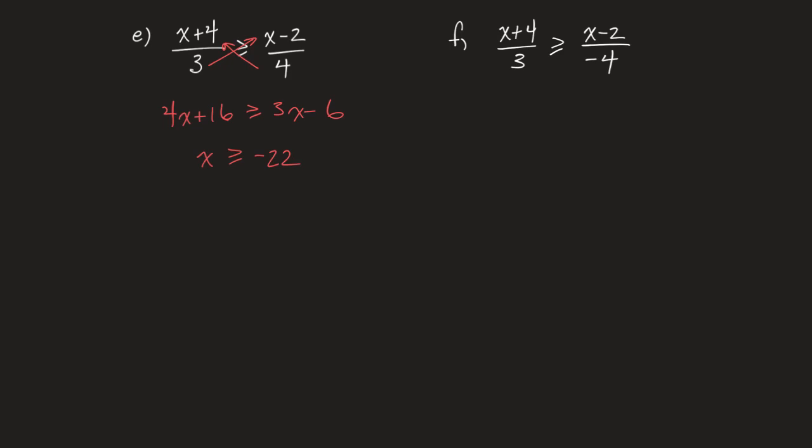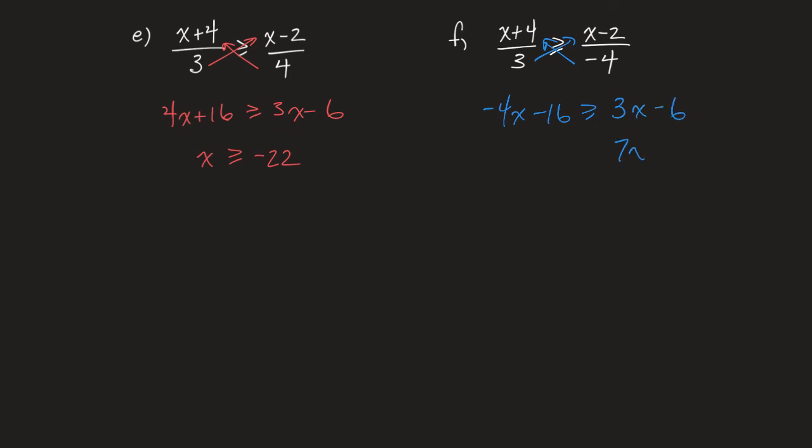Okay, now what I want you to do is tackle F. So work your way through, solve F. Pause the video now. Okay, we're back. So I'm going to expect that I would have a lot of people that would do this. Well then, why don't I cross multiply as well? So negative 4x minus 16 greater than or equal to my 3x minus 6.